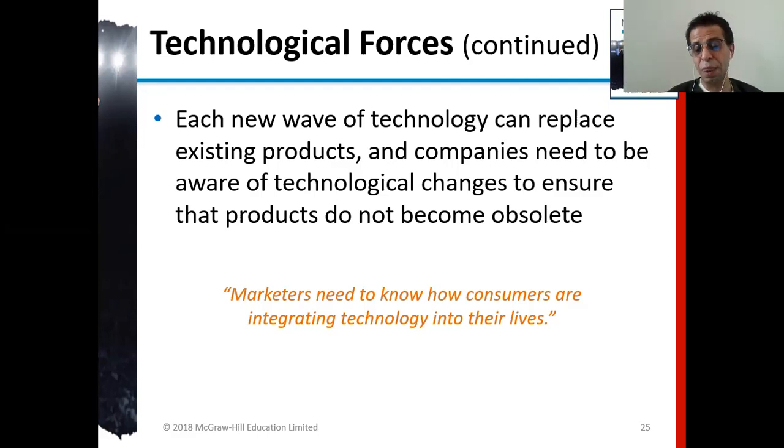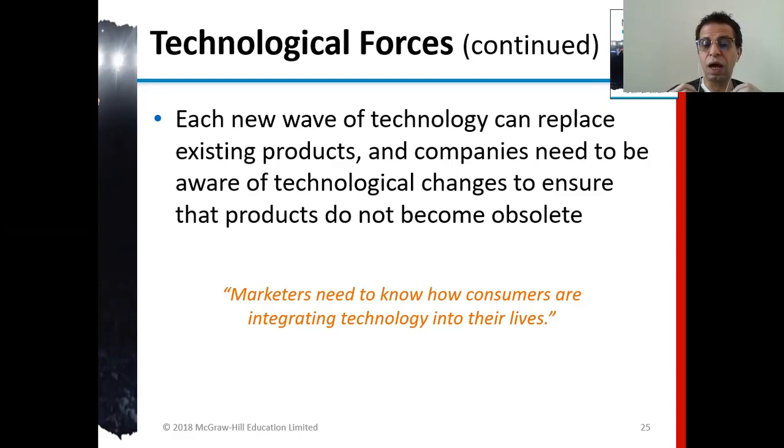If you just put your ads on TV for a new mobile or a new laptop, you risk obsolescence, because people who watch TV might not be very keen to buy a new laptop.